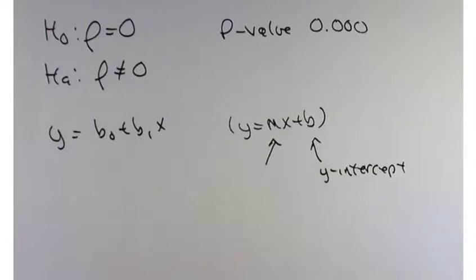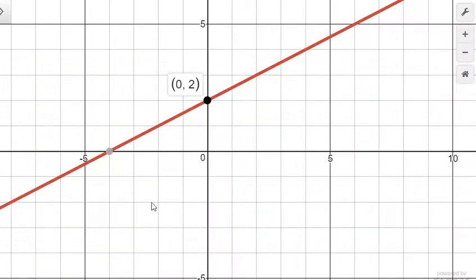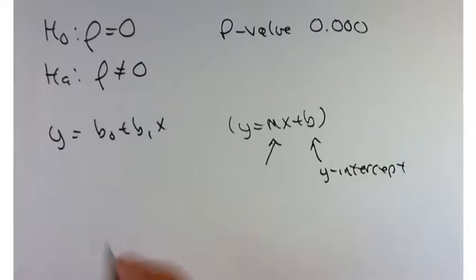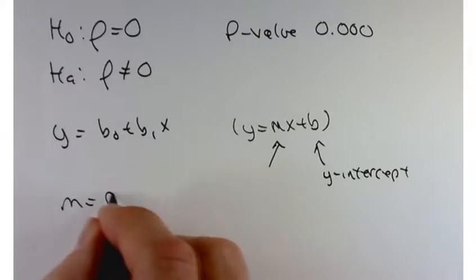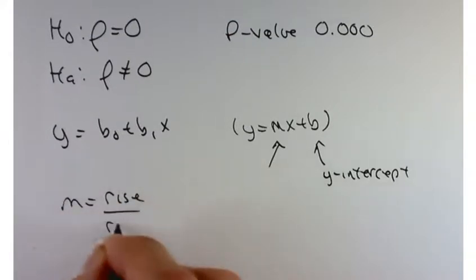And I'm sorry that looks like a really rotten m, but it is an m. M is your slope. And what the slope is, it's a ratio of two things. It's a ratio of the rise over the run. So coming back here, slope, m is the rise over the run. And you can see what's happening in this particular case.